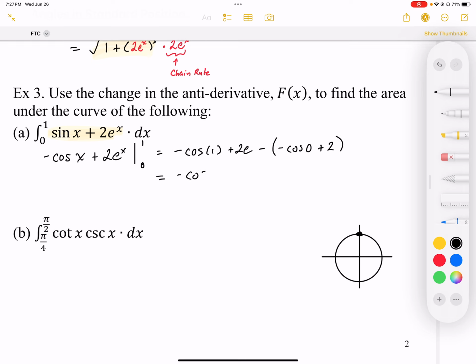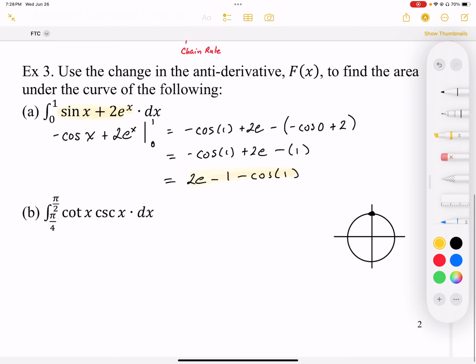So simplifying this, I get negative cosine of 1 plus 2e minus, well, cosine 0 is 1, so I get negative 1 plus 2. So I end up with minus 1, and I end up with 2e minus 1 minus cosine of 1, and that represents the area underneath the curve.